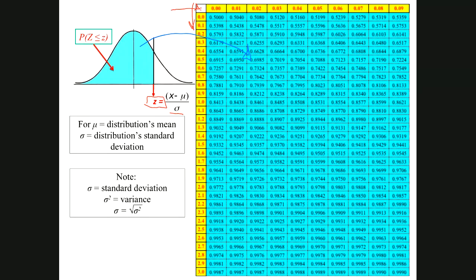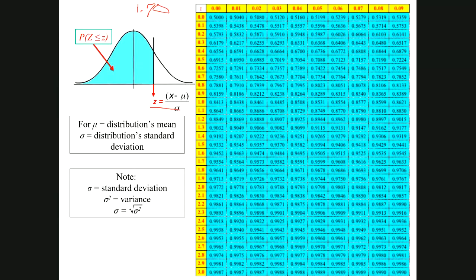So to use this table, once you have the z value, let's say for argument's sake our z value we calculate to be 1.78.